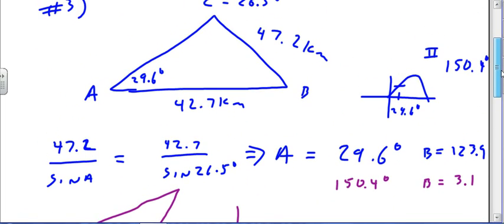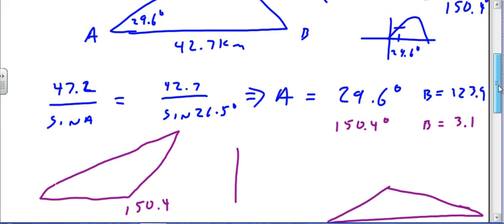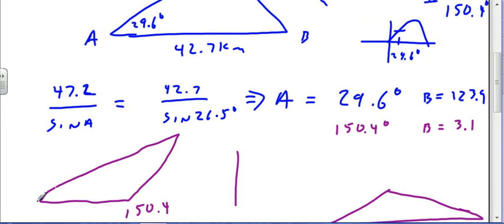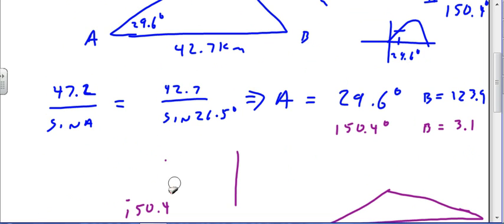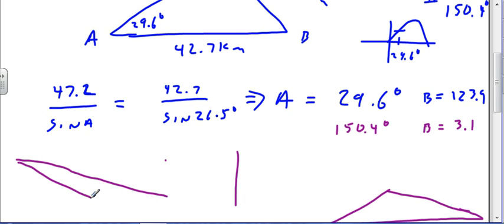So I'm changing A to 150. So my triangle, this guy's going to go way over there. This guy's going to be way small. And now A is going to be 150.